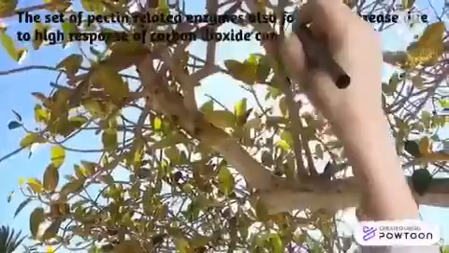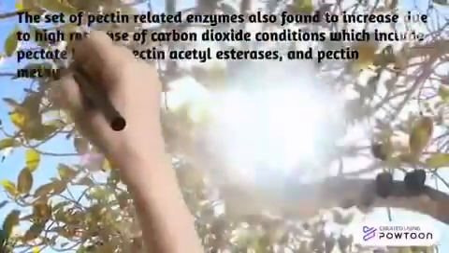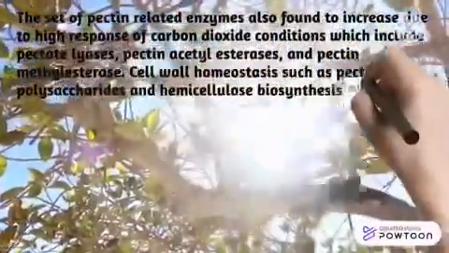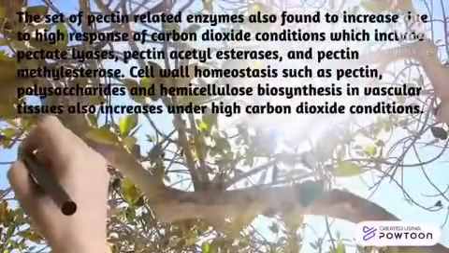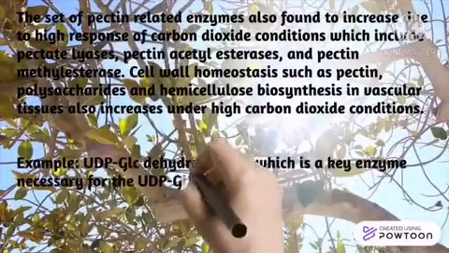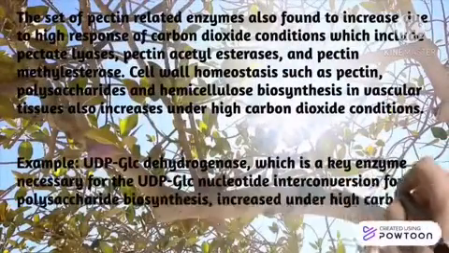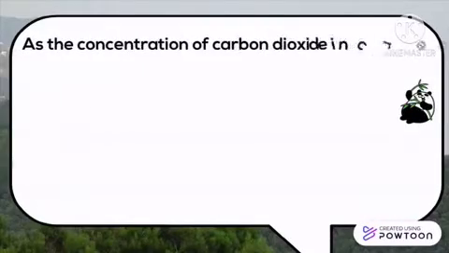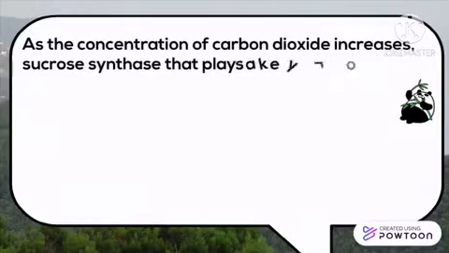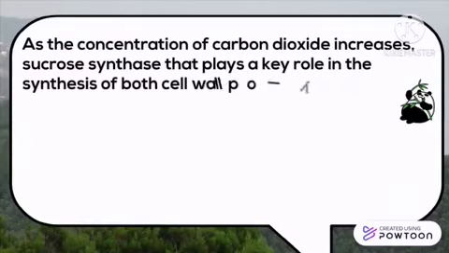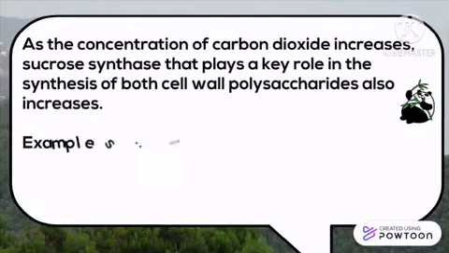Moving on, pectin-related enzymes and cell wall homeostasis, such as pectin, polysaccharide, and hemicellulose biosynthesis, also increase in high carbon dioxide conditions. The last one is that as carbon dioxide increases, the sucrose synthase that is important in the synthesis of cell wall polysaccharides also increases.